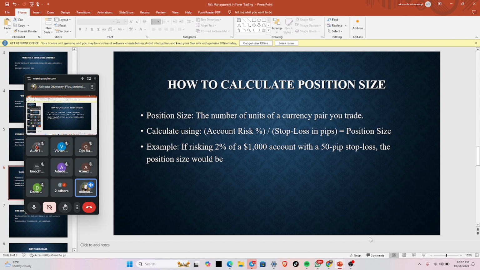You are risking $40? You make use of a stop loss that will give you around $40 loss. That should be around 0.2, 0.3.